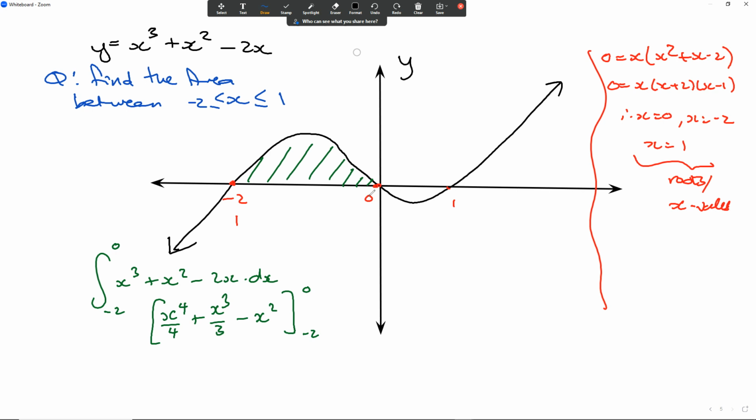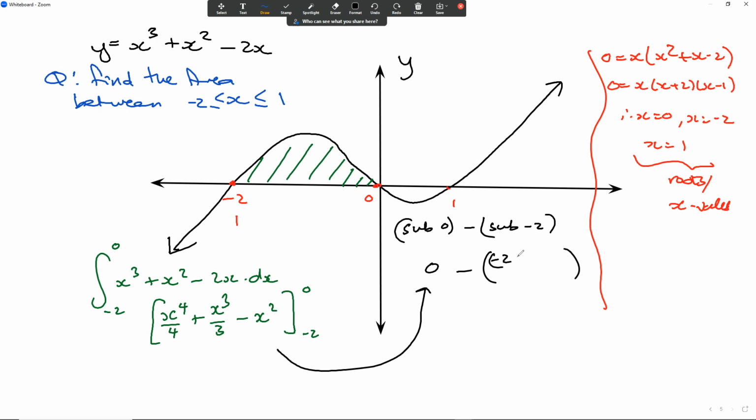Once I have this, I substitute the 0 first, and then I subtract the substitution of the negative 2 into here. So 0 will go in there, and you'll end up with 0. And when I substitute negative 2 in here, it'll come to negative 2 to the power of 4 over 4, plus, so it'll be minus 8 over 3.